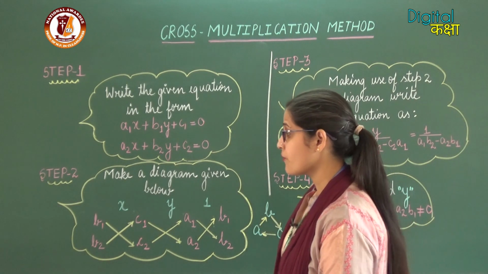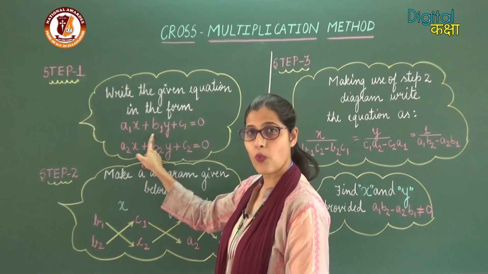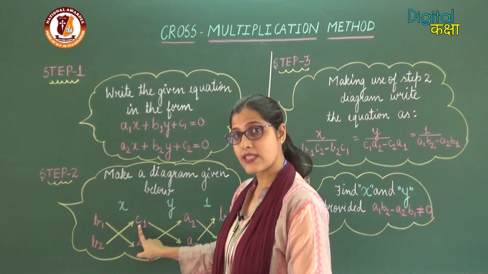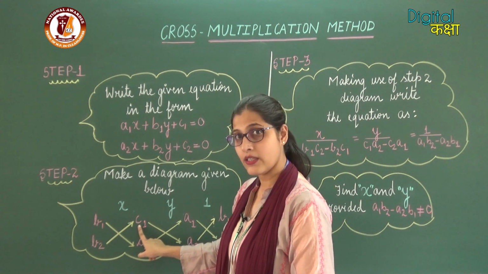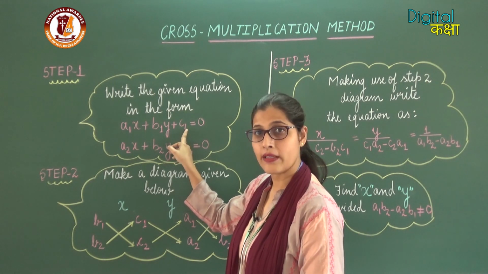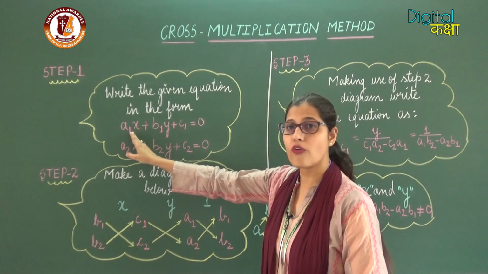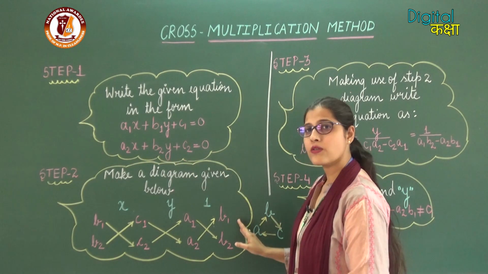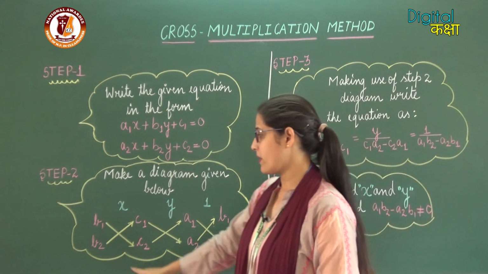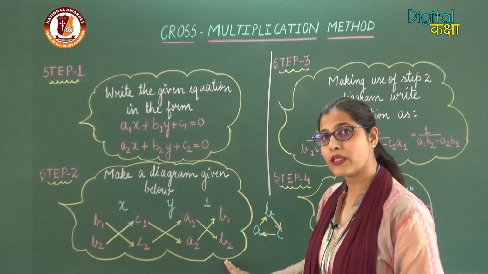After that we will write b1, which is the coefficient of y from equation 1. Then in sequence we will write c1, which is the constant given in equation 1. Then we will write a1, which is the coefficient of x, and at last we will again repeat b1. Similarly, we will write b2, c2, a2 and again b2.